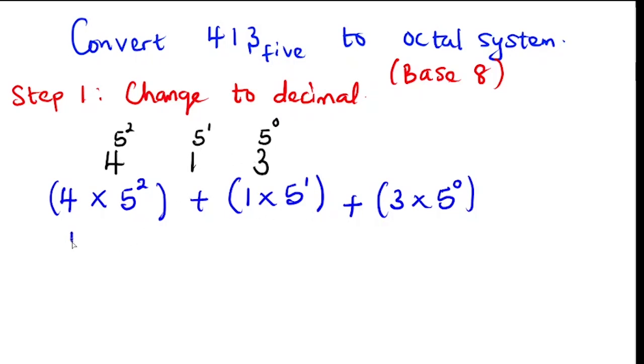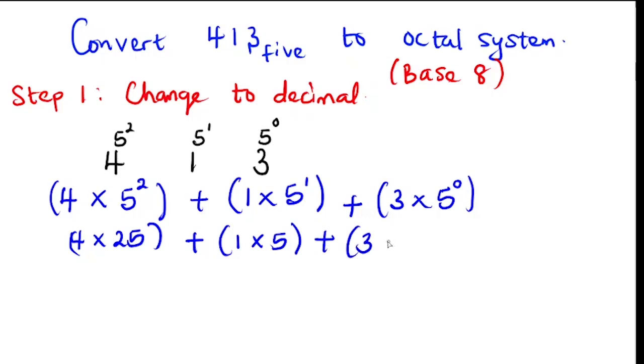This will give us 4 times 25 plus 1 times 5, plus 3 times 1. Remember from indices that any number raised to the power of 0 is 1.